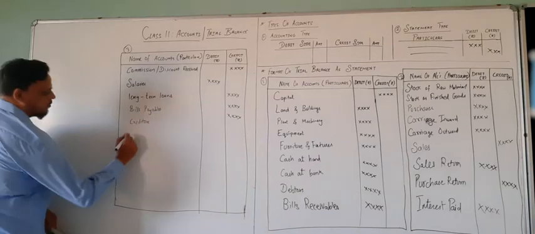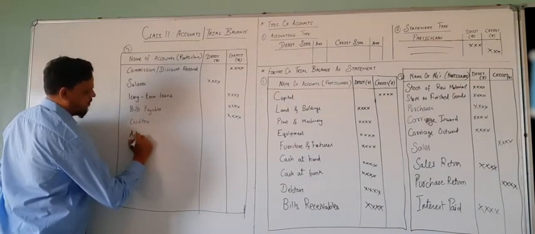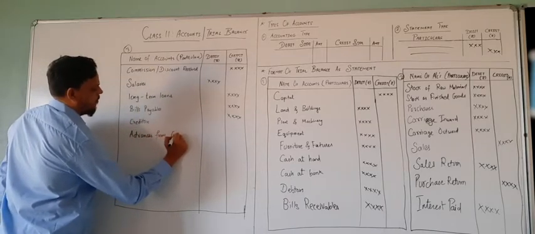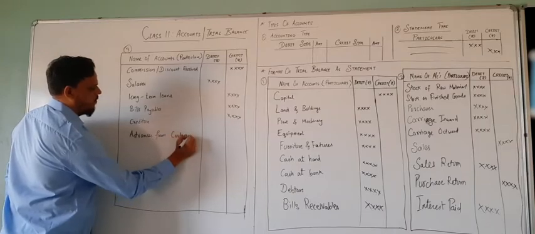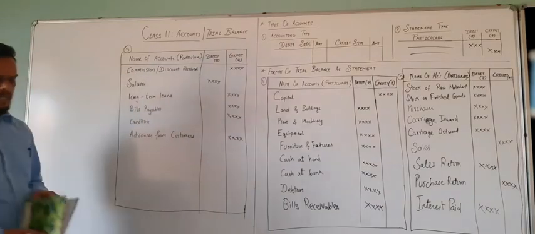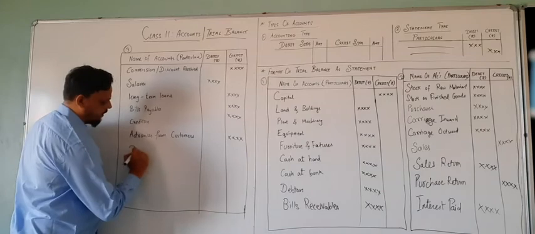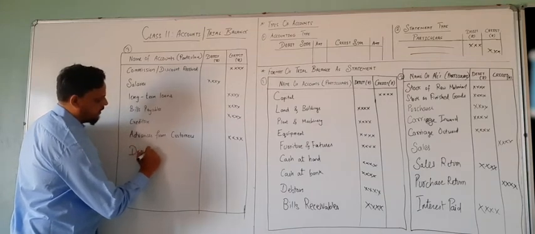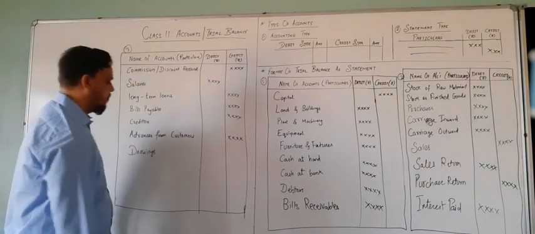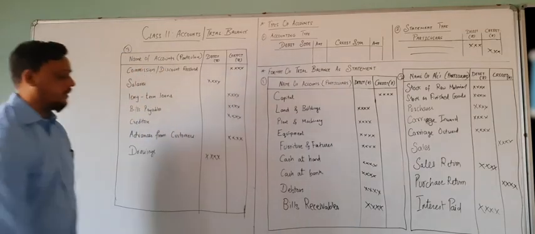Advance from customer. Advance you have received will be on the credit side. Drawings. This is the basic part. Drawings is ultimately made by goods or money. The amount will be entered on the debit side.